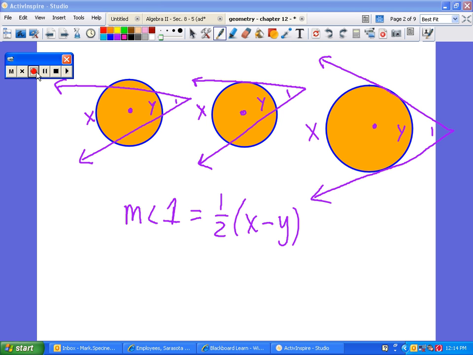Or they'll give you the angle and one of the arcs and you'll have to solve for the second arc. Once you have the formula, you just plug in what you have and solve for what you don't.